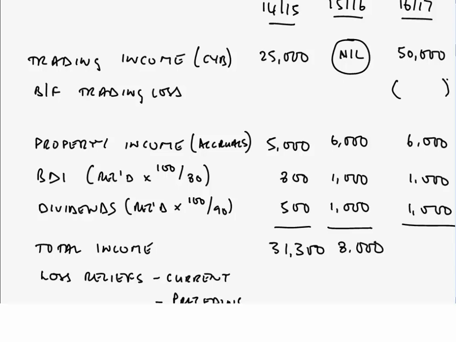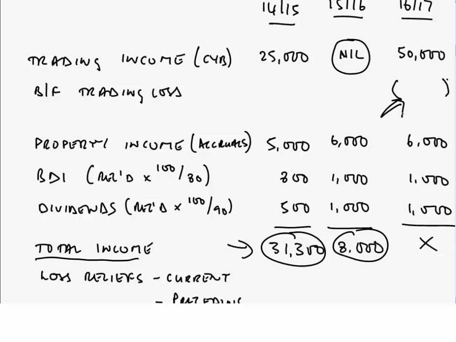And so we would get our total income figures: here our total income for the current tax year, that was the £8,000, and the preceding tax year. We didn't put anything in there for the following year because we didn't know whether there would be any trading loss carried forward to deduct against the next year's trading income.